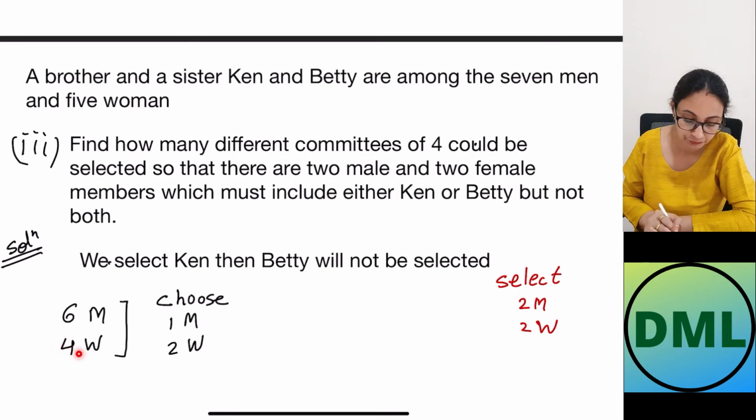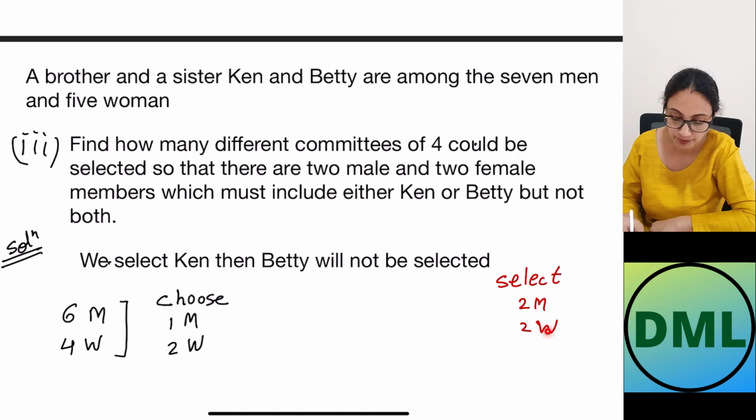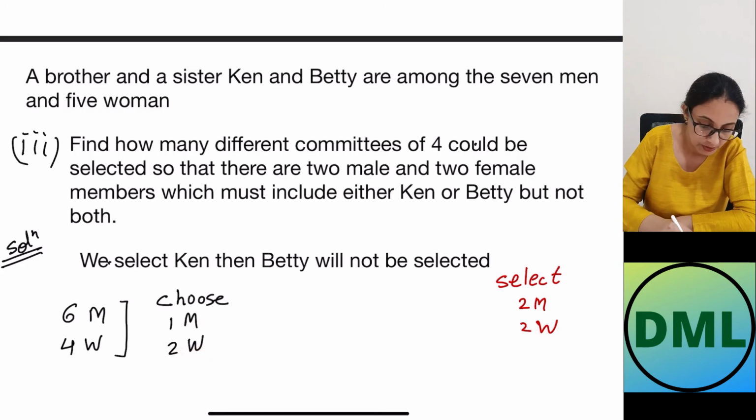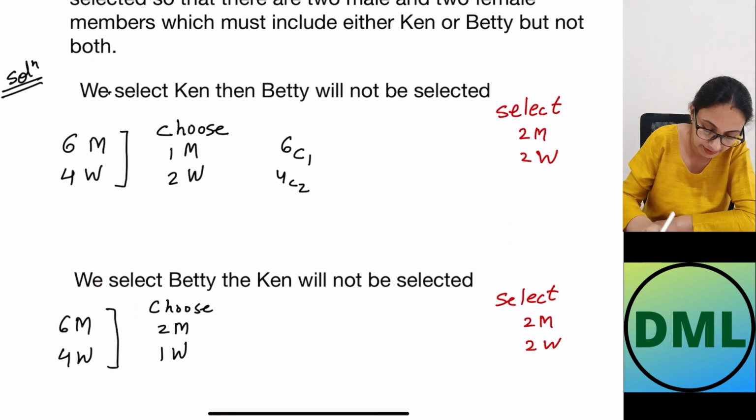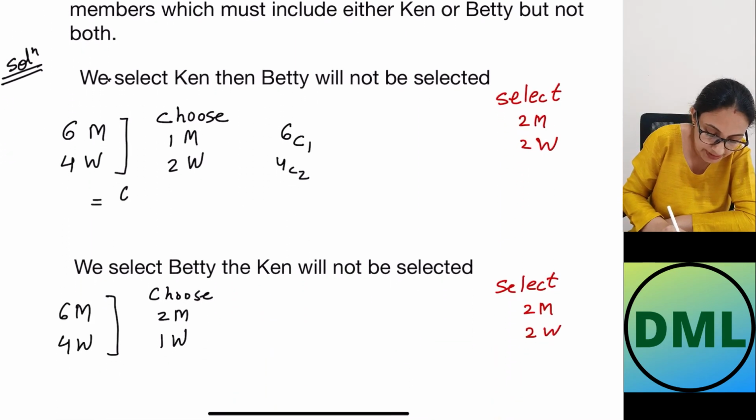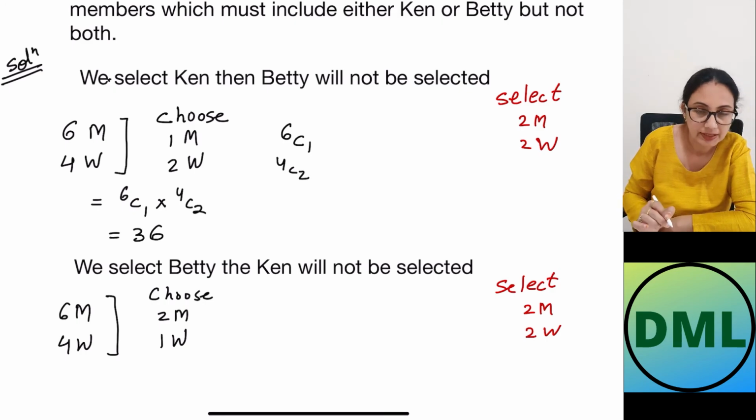Because I have already selected 1 man, I only have 1 man left to select, and I have to select 2 women. So this can be done in 6C1 and 4C2 ways. Because I am doing it together, I need to multiply my answer. So my answer will be 6C1 multiplied by 4C2. If you solve it, your answer will be equal to 36.